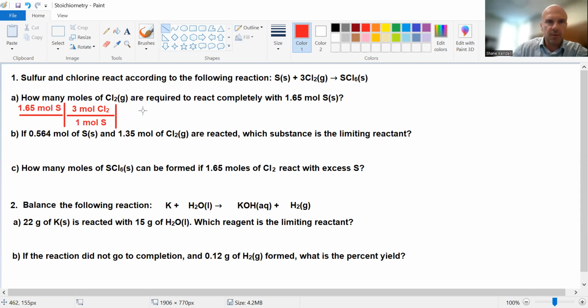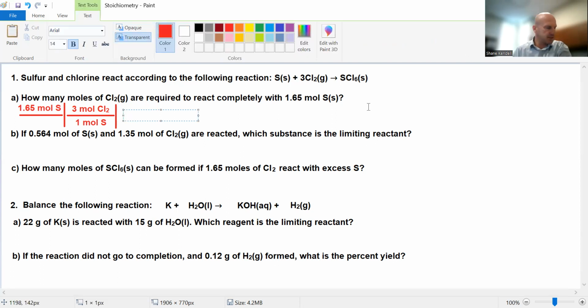Okay, so I'm just going to delete that one, and we can just work it out. So on the calculator, I'm just going to put 1.65 times 3, and I get 4.95 mole.